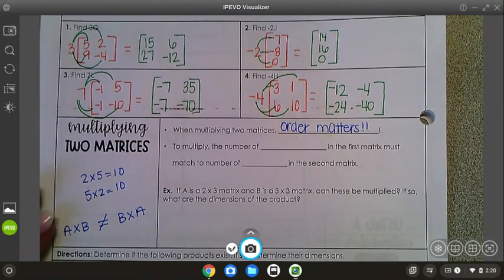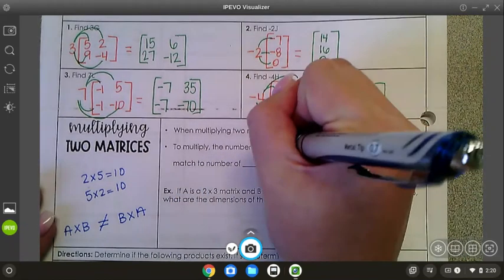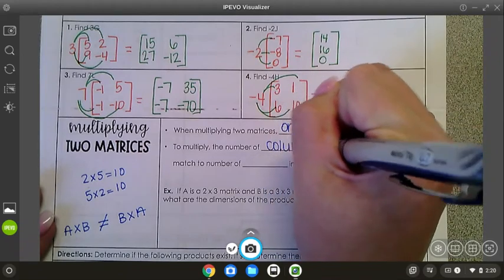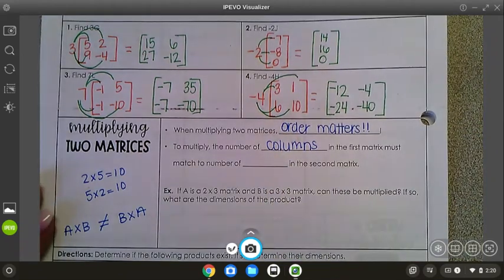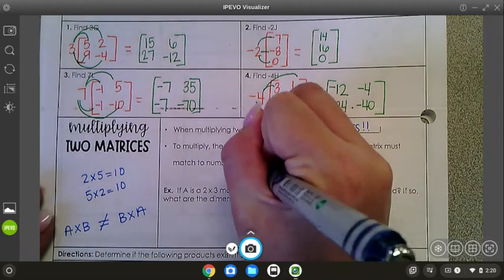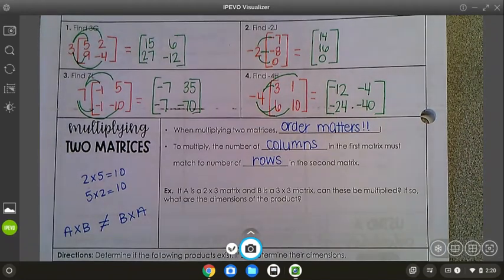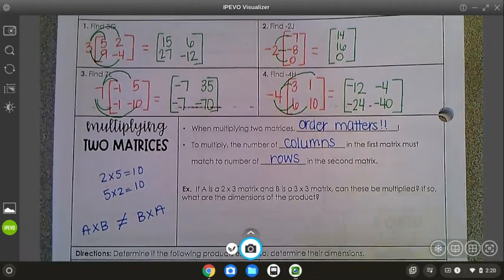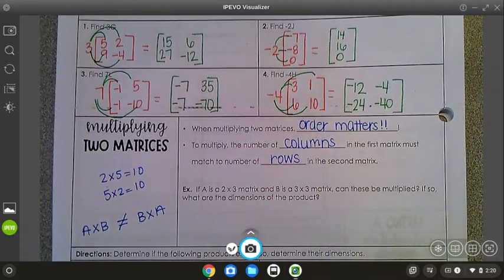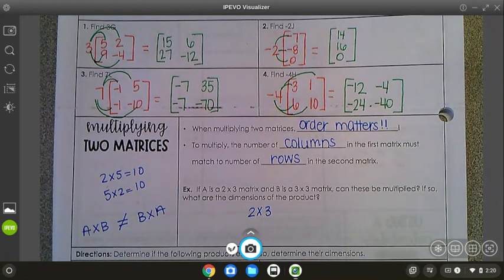So here's the trick. To multiply matrices, the number of columns in the first matrix must match the number of rows in the second matrix. And I'll show you a little visual to make that easier to figure out. So let's say that matrix A is a 2 by 3. You need to write the dimensions out.